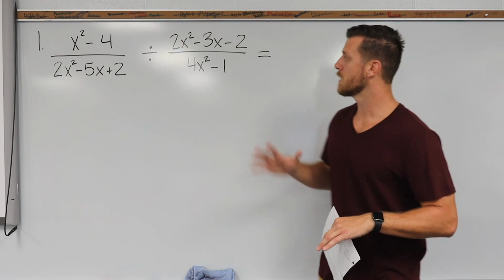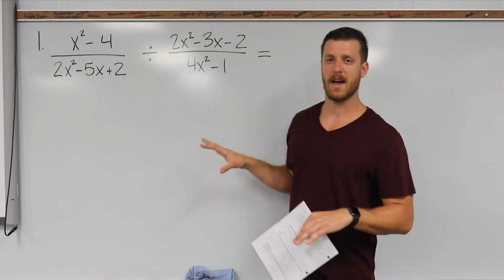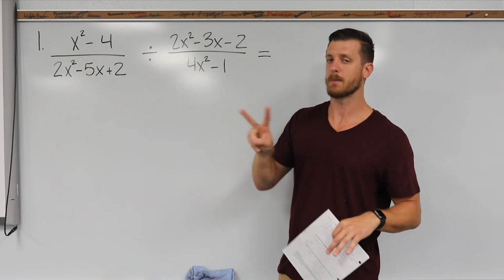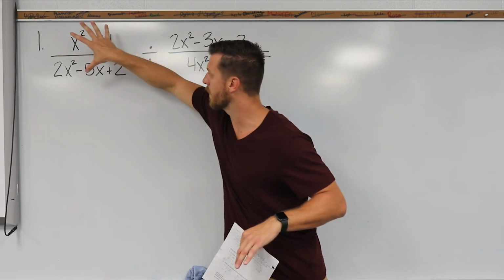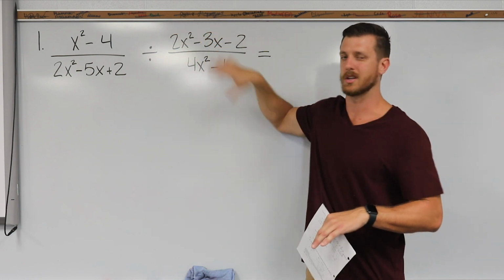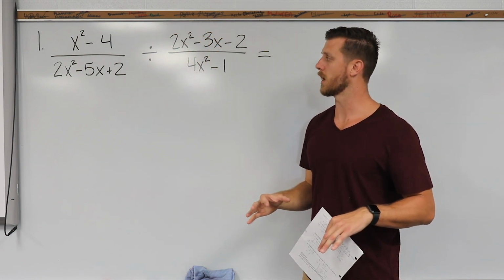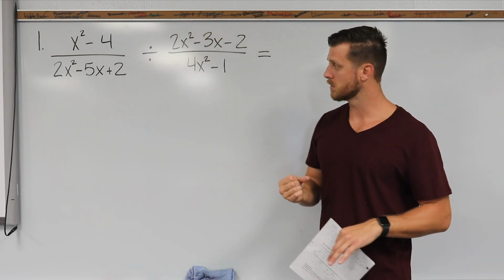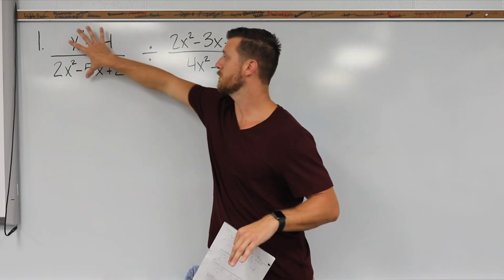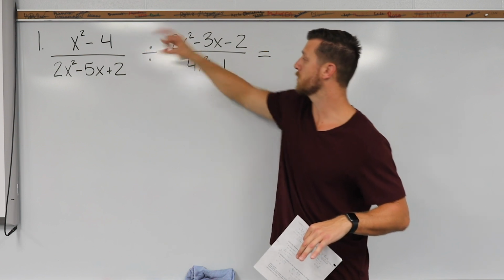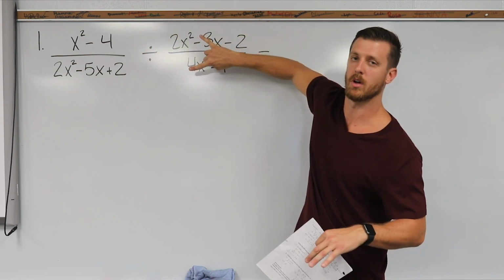All right? But first, before we start even factoring, I want to do 2 steps at one time. What do you do if you have a fraction divided by another fraction? That sounds weird, okay? If you remember, if you divide by a fraction, you're going to keep this one, and instead you're going to multiply by the reciprocal of the other.